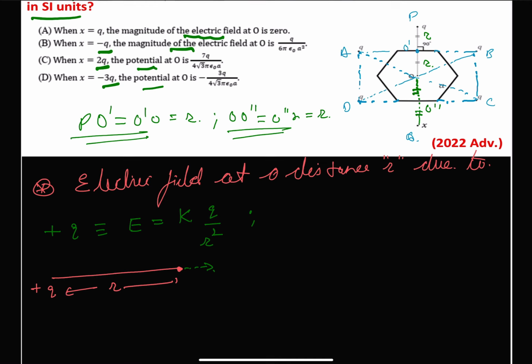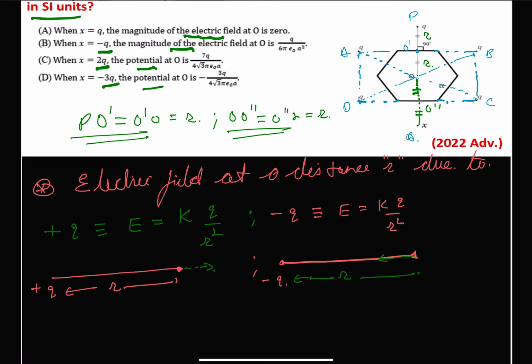Whereas if we have a negative charge, the magnitude of electric field is going to remain the same, E equals K q upon r square, but the direction is going to change. This is a minus q, and this is a point where we find the electric field, but in this case the electric field will be in the opposite direction, that is towards the charge, and the distance is still the same.